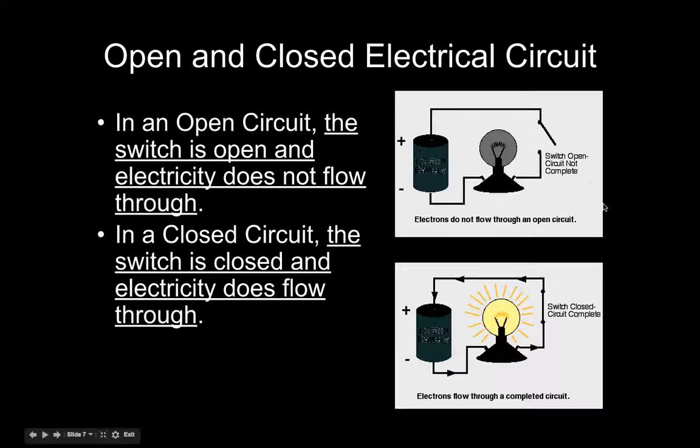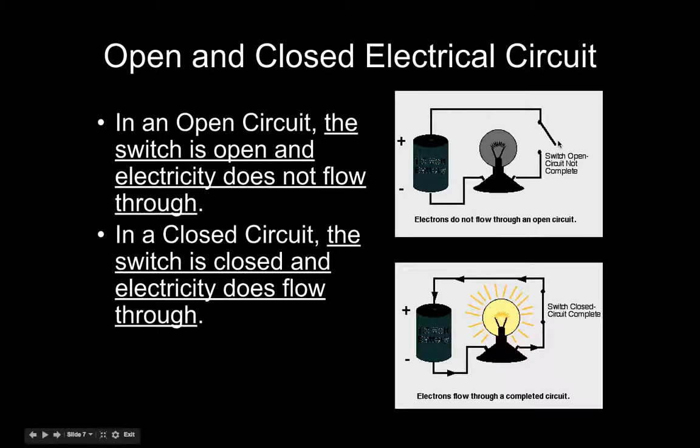In these pictures right here, the top one, you see how this little flap is angled open? That is an open circuit. This doorway-looking thing here represents a switch. When the switch is open, electricity does not flow through. This would be like a lamp with the little push button that you push to turn the light on.